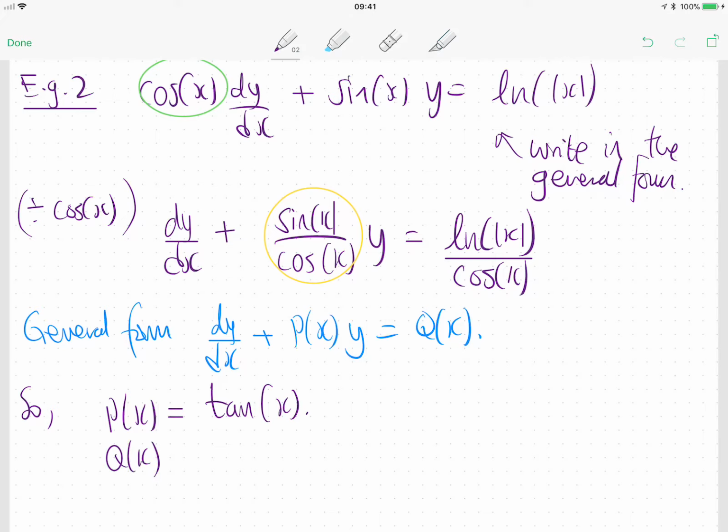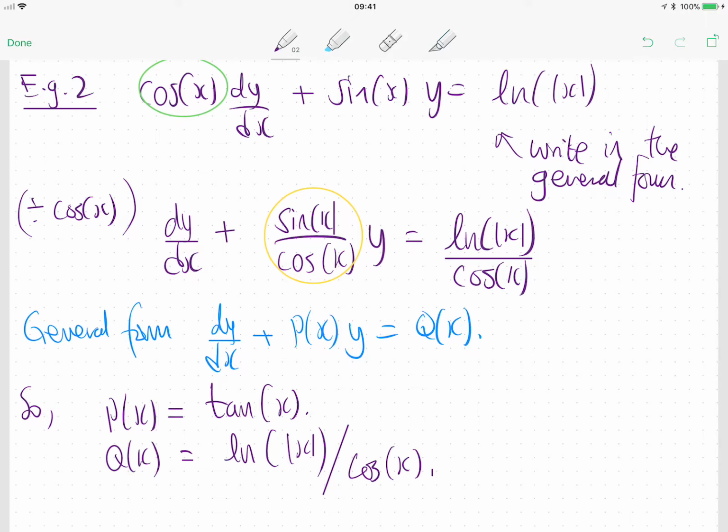And q of x is this strange looking function that sits on the right, log of x divided by cos of x. There's not much we can do to simplify that. Okay, so there you go. That's how you turn functions into the general form. It's quite important. We'll deal with this a lot later on.